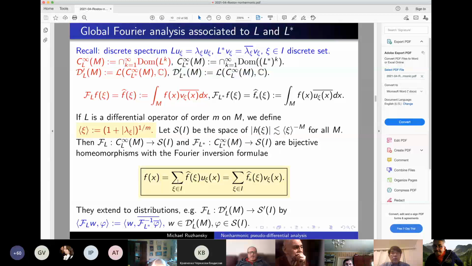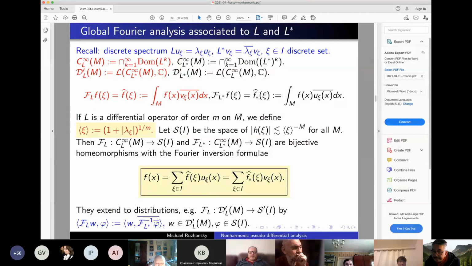What is interesting here, again, is the interplay, because you see f̂(ψ) is defined as an integral with V_ψ, but the Fourier inversion formula is a sum with U_ψ. If the operator is self-adjoint, let me say once again, then λ_ψ is real and U_ψ is equal to V_ψ, so there is no difference.